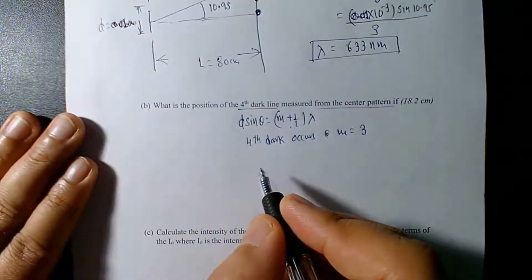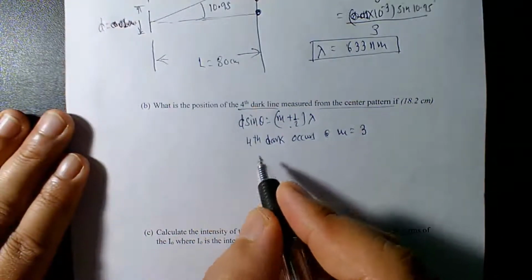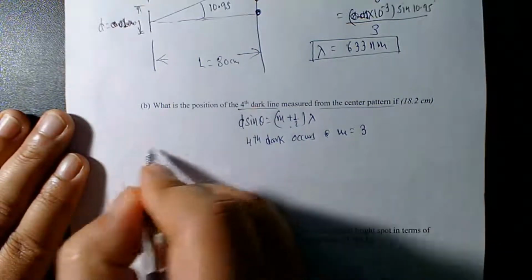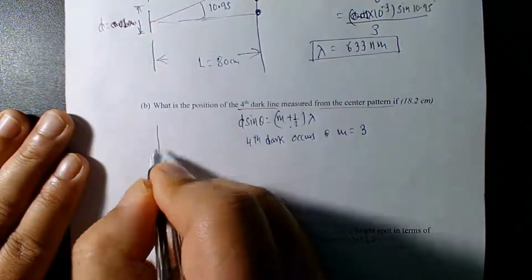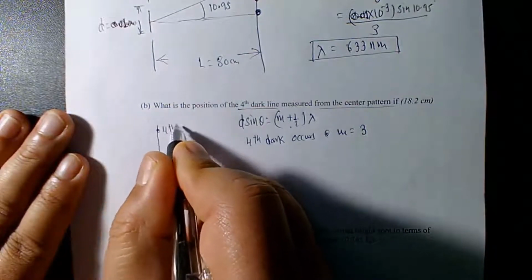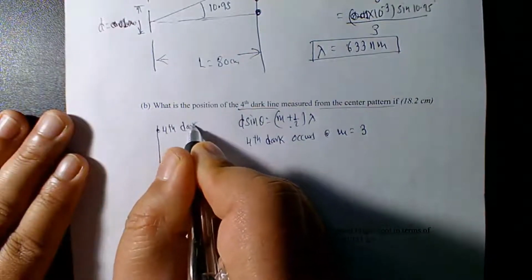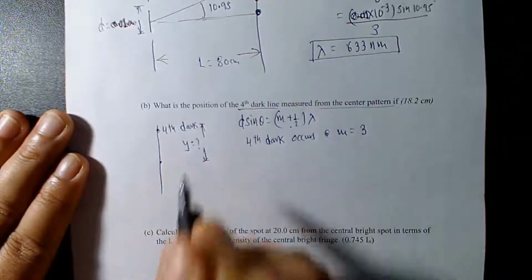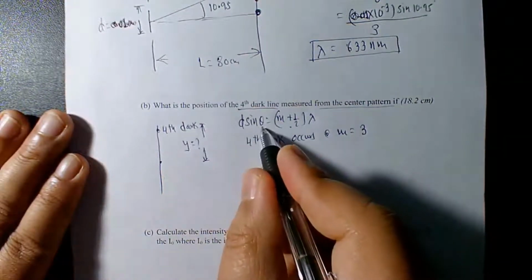So for the position of the fourth dark, first we find the angular position, then find the lateral position. Let's say this is the fourth dark. What is this distance from the center? First we have to find the angle.